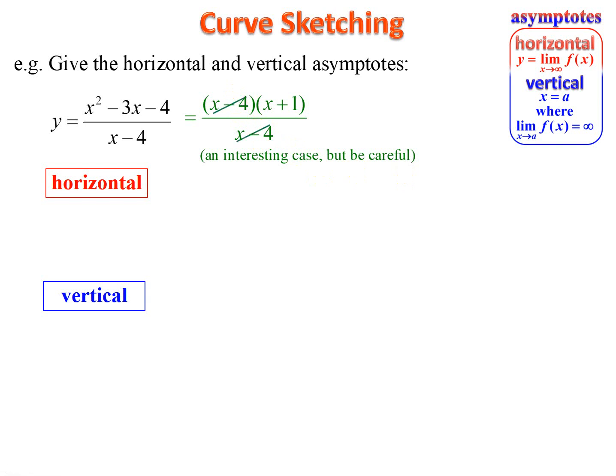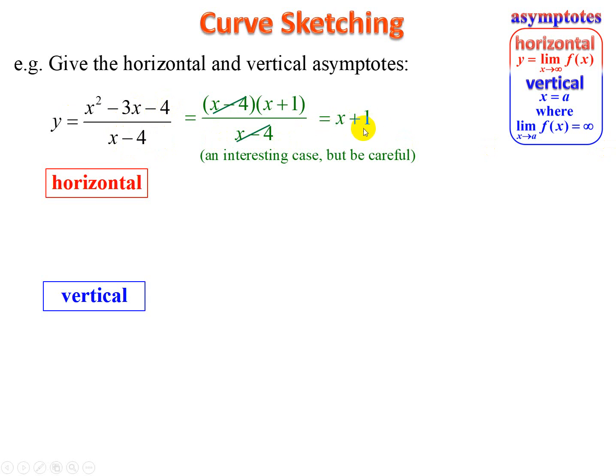So those can cancel, giving us just x plus 1. So this is almost the same as y equals x plus 1. But even though we've cancelled out the x minus 4s, x can't be equal to 4. So there are no asymptotes here with this one, even though it looks as if there might be.